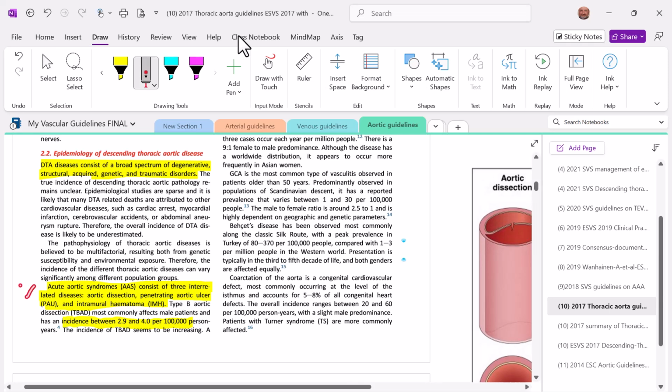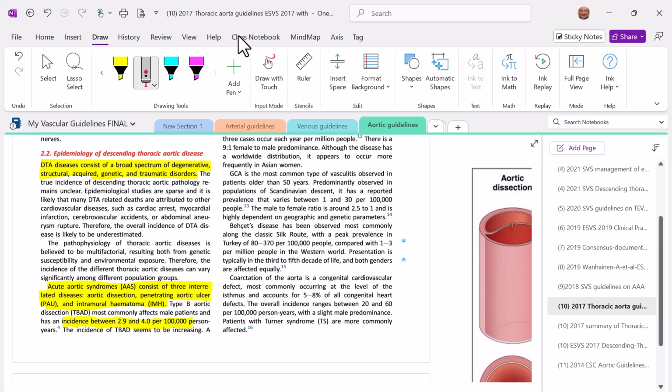So there is acute aortic syndrome, there is acute coronary syndrome, there is acute carotid syndrome. The acute aortic syndrome, or AAS, consists of three interrelated diseases: aortic dissection, penetrating ulcer, and intramural hematoma. Why do they mention that it is interrelated?